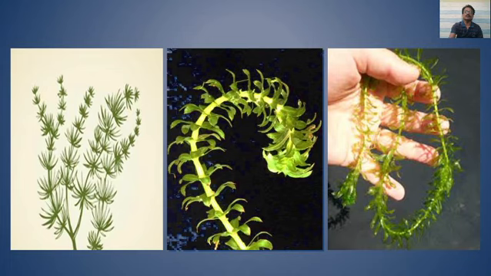These are the nodal portions, the nodes, and the part between two nodes is called the internode. So it is composed of nodes and internodes, and small leaves come out in whorls at each node. Here you can see how long that particular stem is.